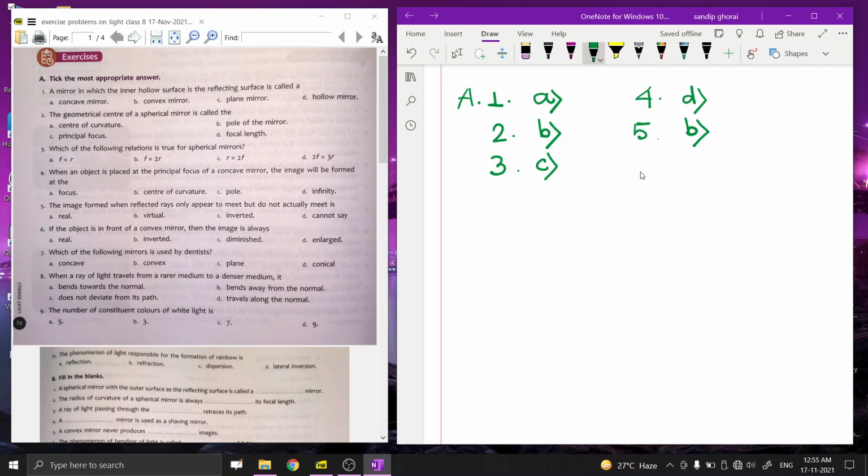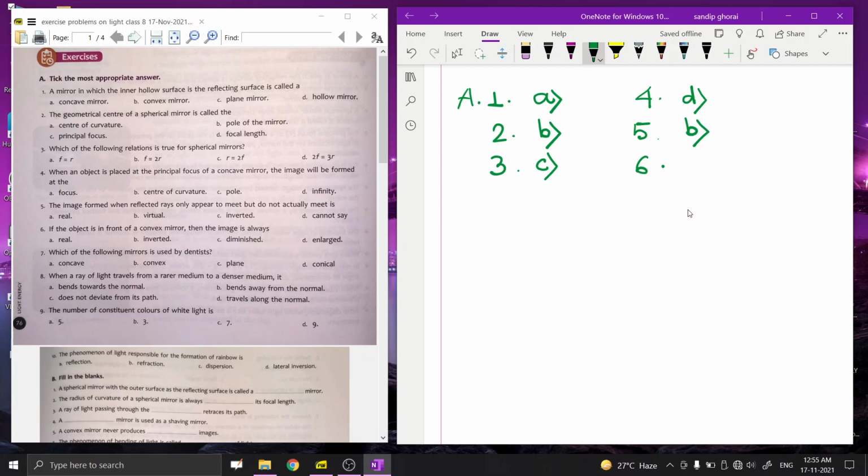Now we move to question number 6. If the object is in front of a convex mirror, then the image is always. We know when an object is placed in front of a convex mirror, we always get a virtual image. The options are real, inverted, diminished and enlarged.